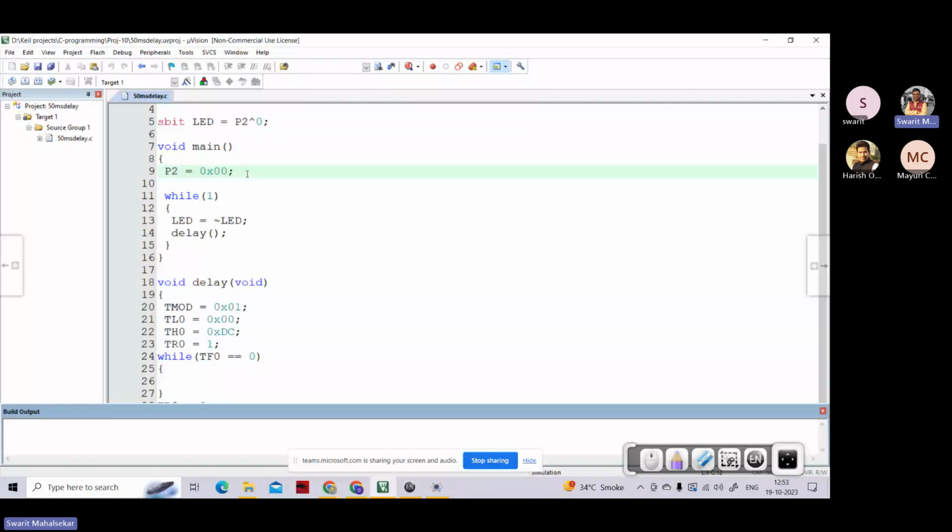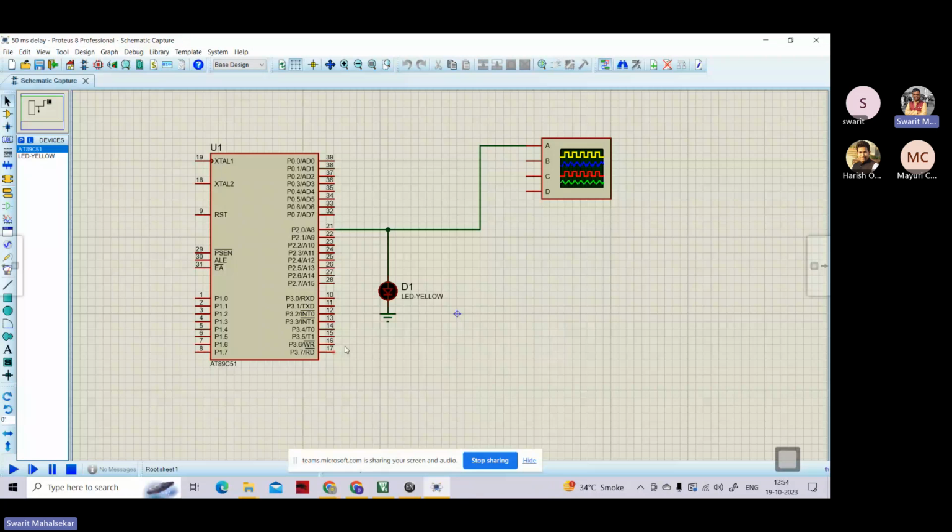This is my output port, so you need to connect an output system. In our case, it is an LED, which we are monitoring as our output.